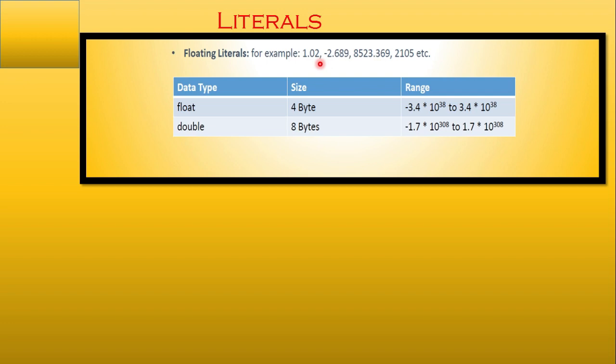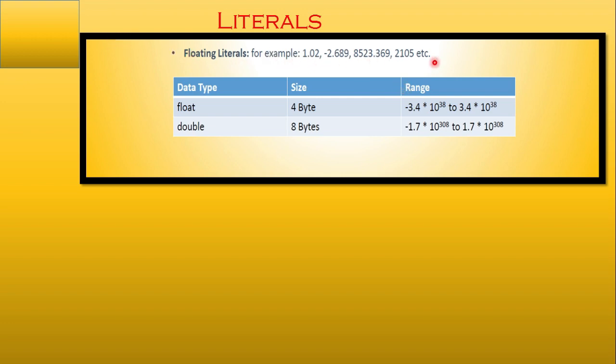There is a decimal, it's a must. If you are not having decimal, decimal will be added by the system automatically. So these type of numbers are called floating literals. So simply we can define floating literals are numbers with decimals. Numbers with decimals, that means floating literals.